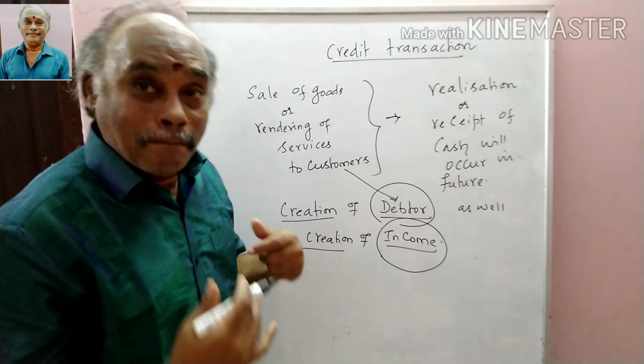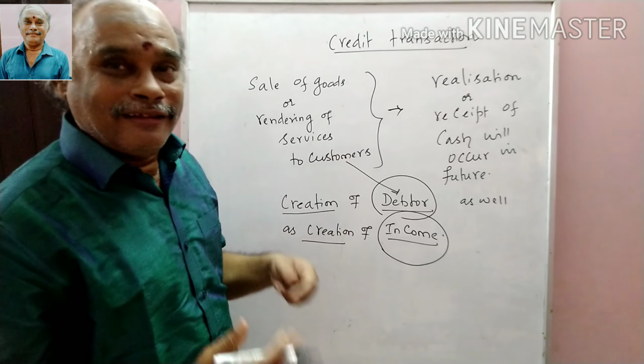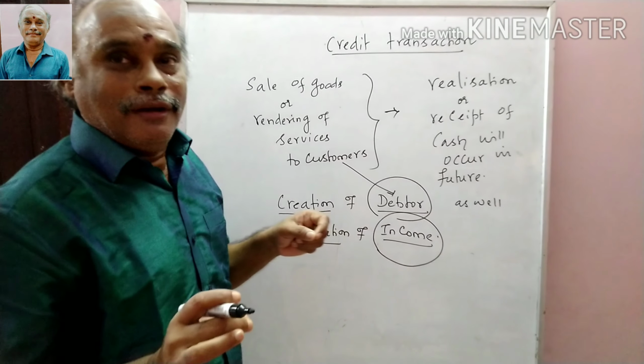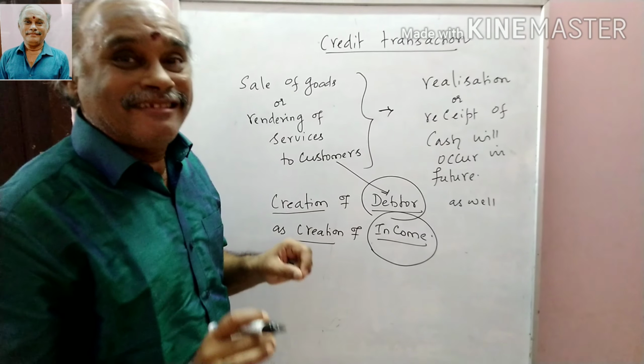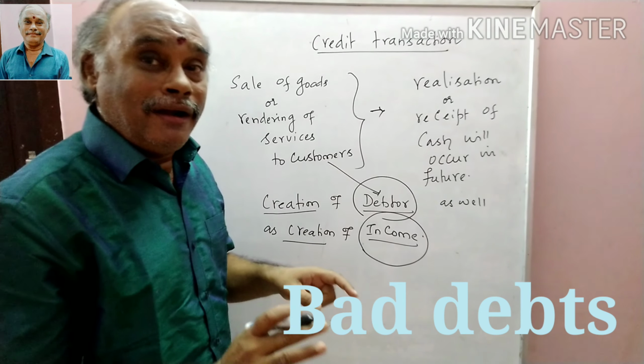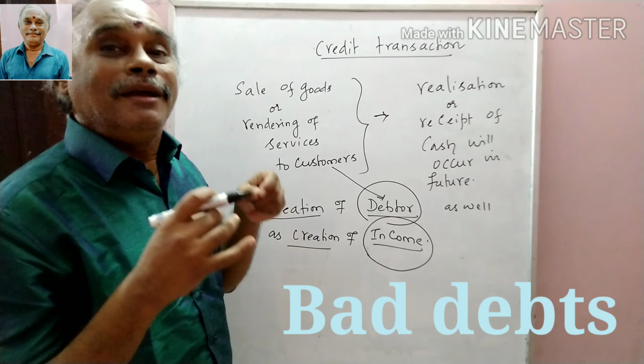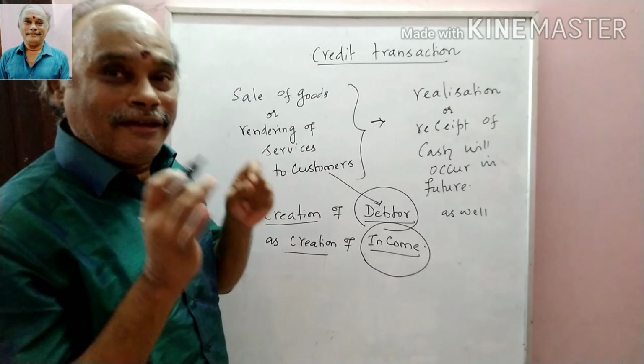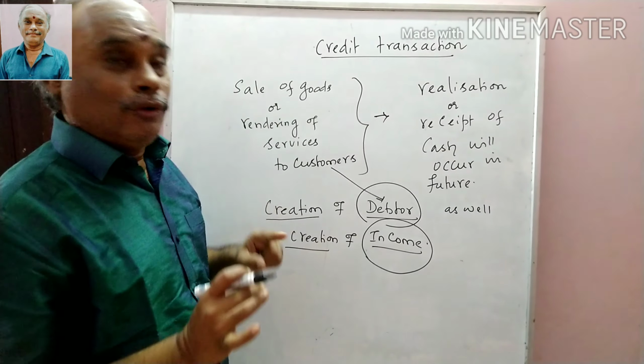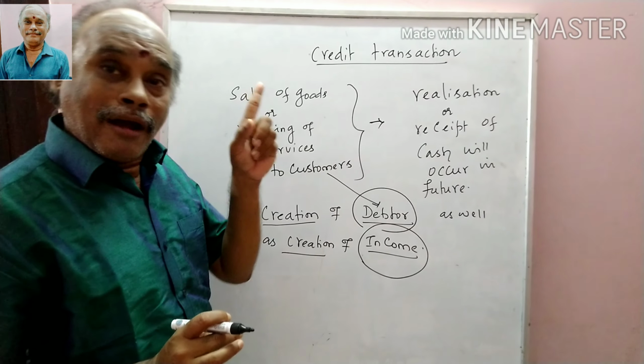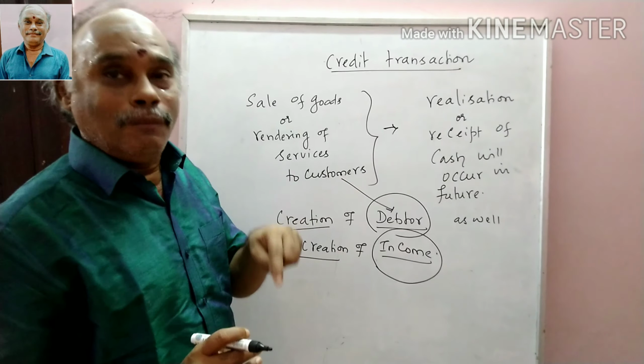In commercialism we call these debts. Debts, when they turn bad, become bad debts, nothing but our loss. That is why I said in my first video, debtors are bad people, creditors are good people.